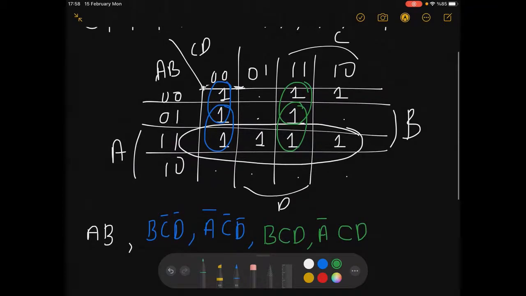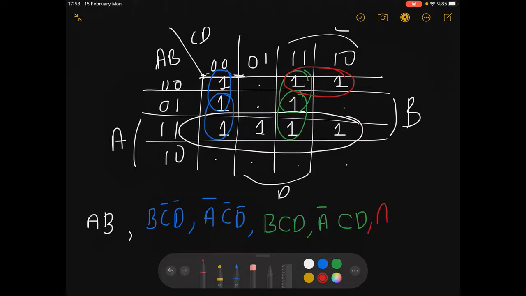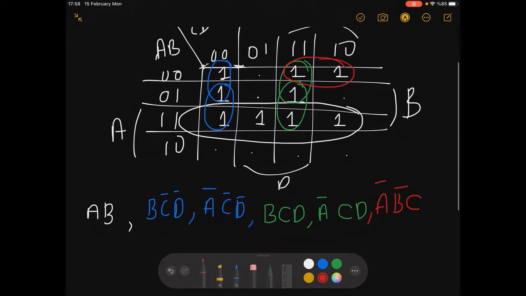Okay. What else do we have? You have this red one. It is A not, B not, C. Good. So far we have 6 prime implicants, but one more is this one.